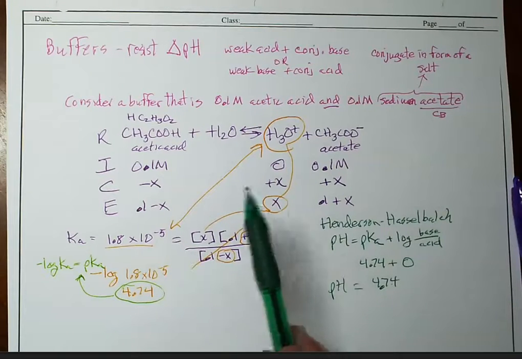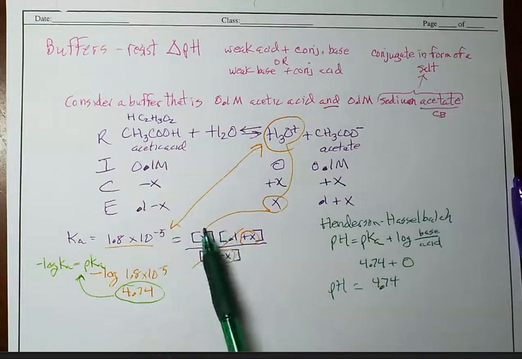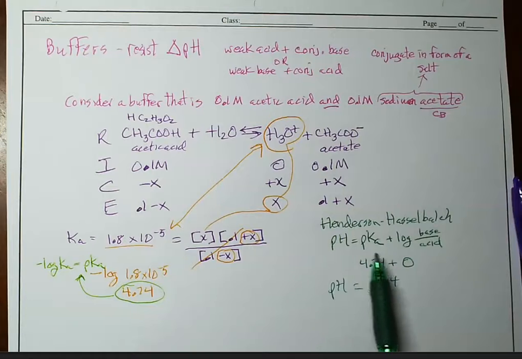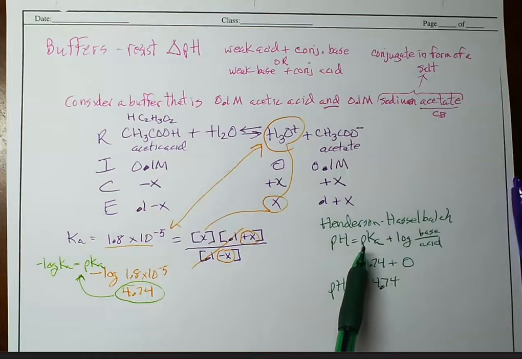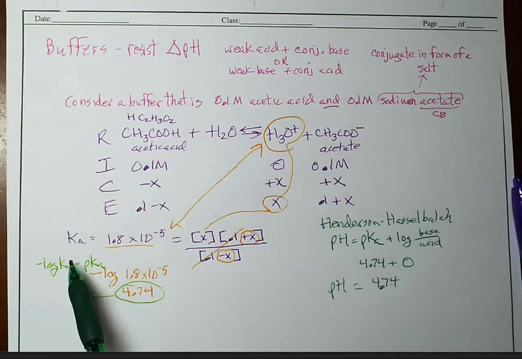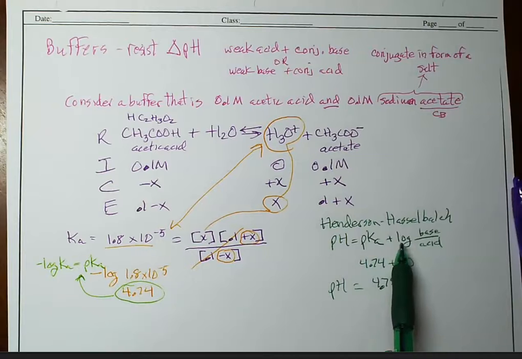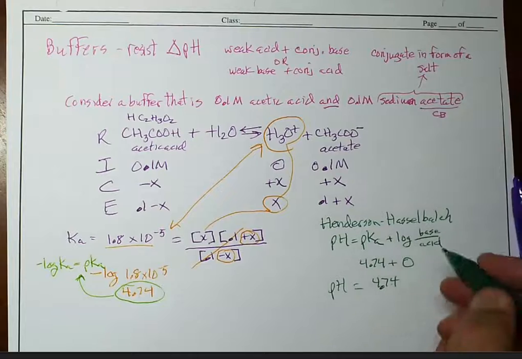What I've just shown you is there are two different ways to do this. You can use an ice table and get 4.74, or you can use the Henderson-Hasselbalch equation. Since we were working on a buffer, you find the pKa by taking the negative log of the Ka, and then you would add the log of this fraction that has the base molarity over the acid molarity.